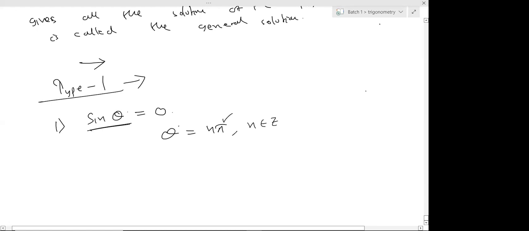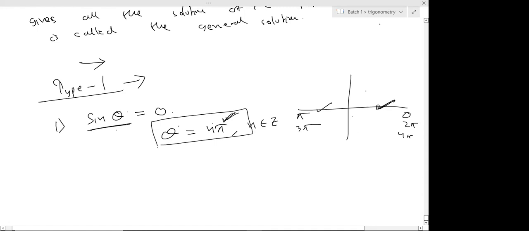You keep any value of n here and sine theta will be 0. You can check. Sine becomes 0 here and here, right? So this is 0, pi, 2 pi, 3 pi, 4 pi, and so on. For all integers, sine will become 0 for theta equal to n pi.